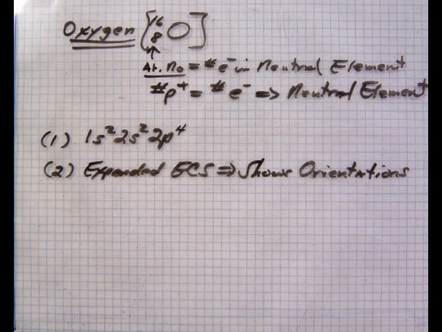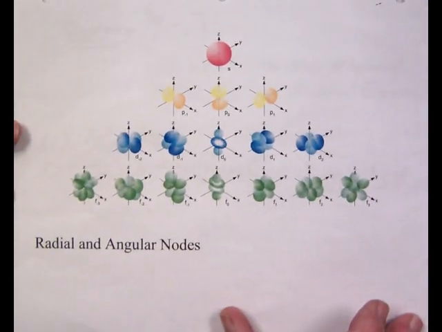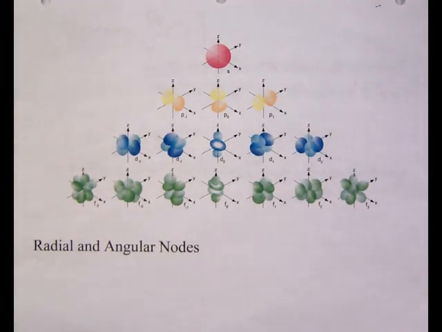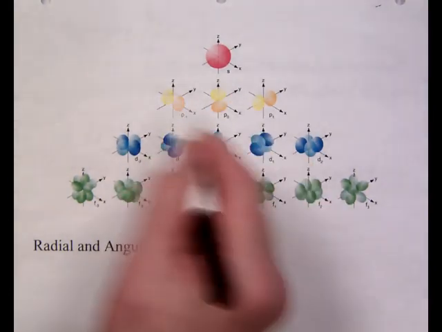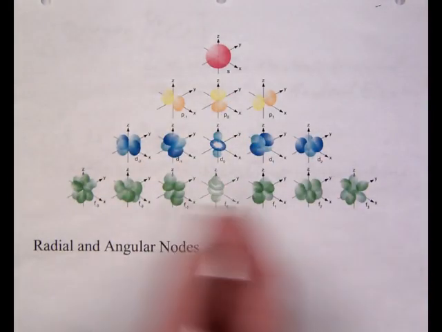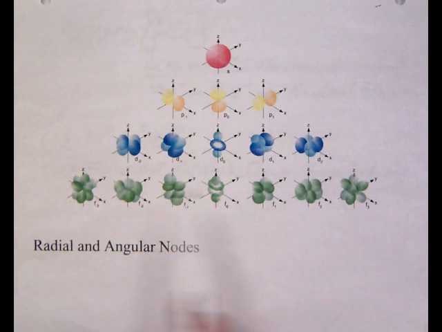I've shown it to you, but this is what it means, orientations. When you look at the orbitals that we know about, we have an s. These are all p orbitals. These are all d orbitals, and these are f orbitals. Now you won't have to draw this stuff, obviously, but I want you to know what it means.